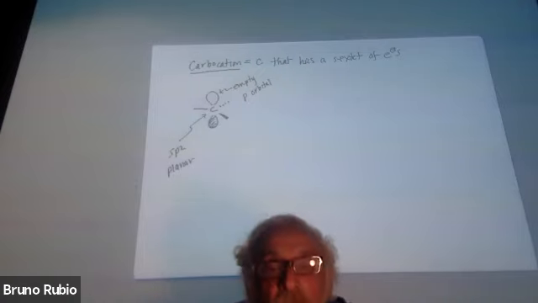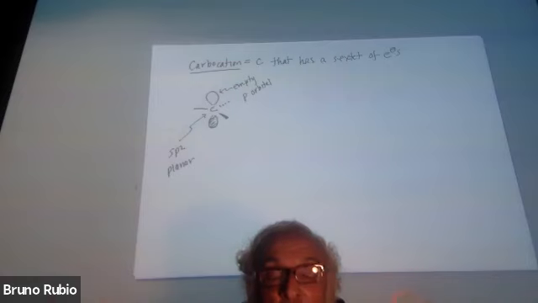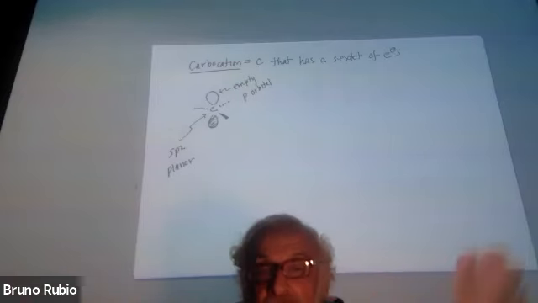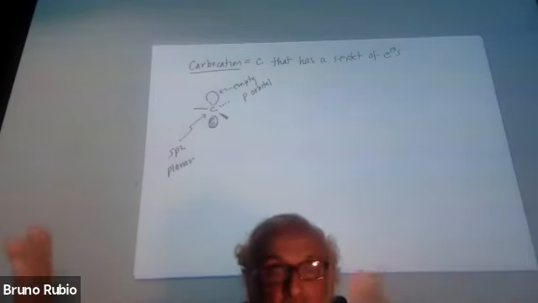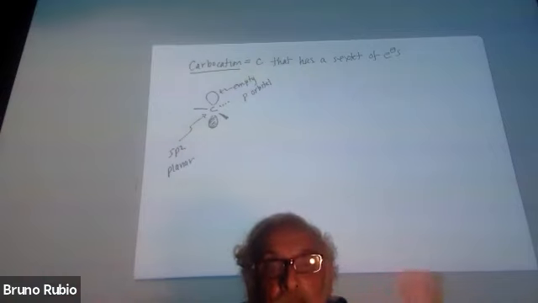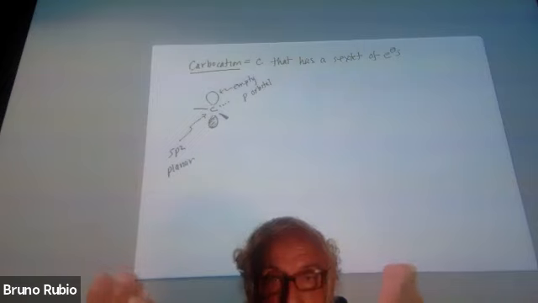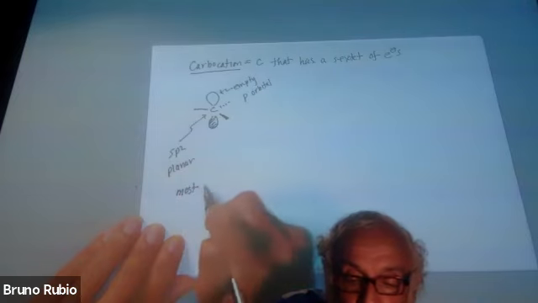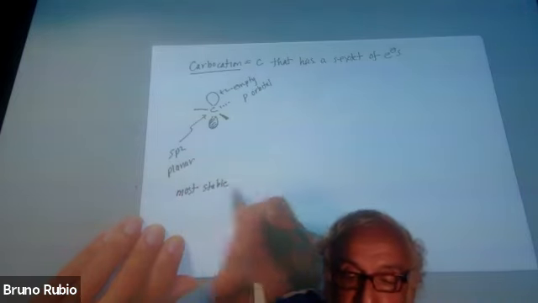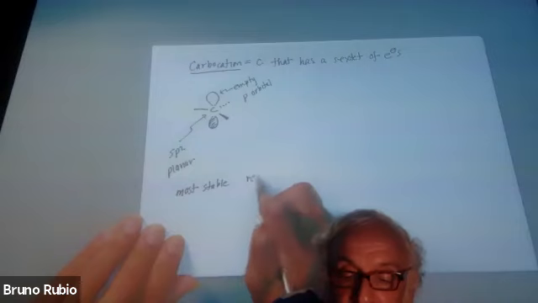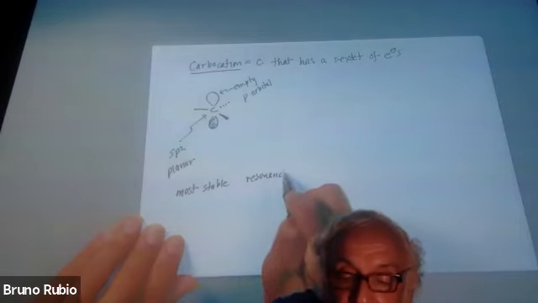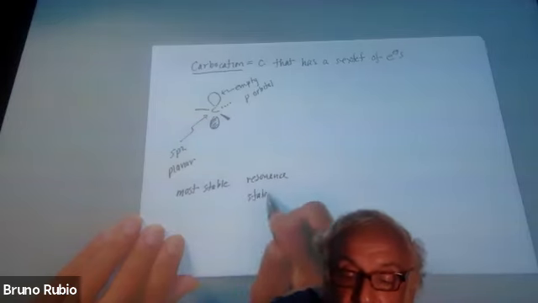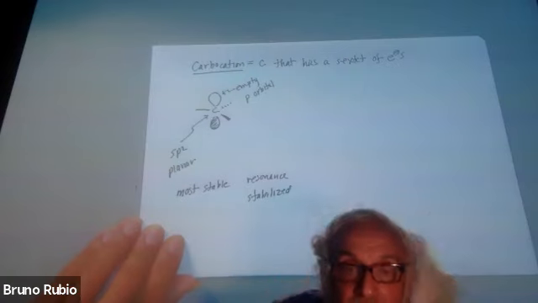Carbocations also have an order of stability, which is exactly the same as the order of stability that we encountered for radicals, and for the very same reason, sigma donation, right? The most stable carbocations will be the resonance stabilized carbocations.